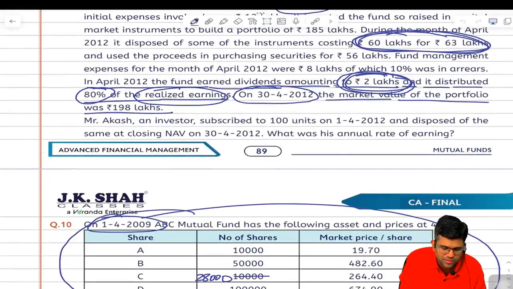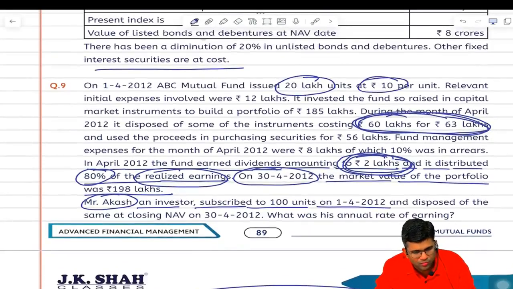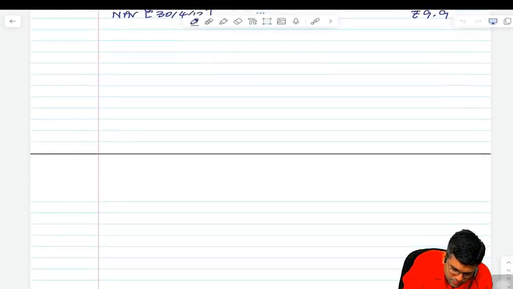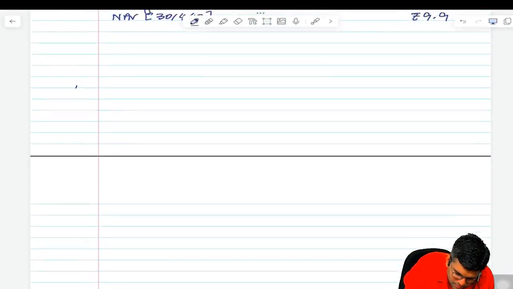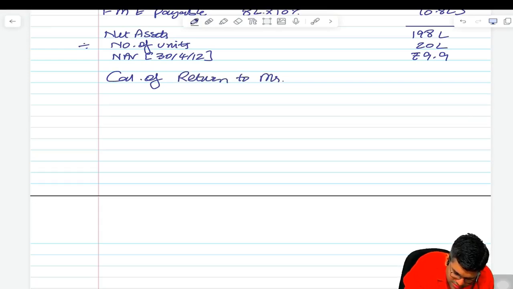They are asking you something about Mr. Akash. Okay. Mr. Akash is an investor. He subscribed to 100 units on 1/4/2012 when it was issued at 10 rupees per unit. Are you all there? So I am writing here calculation of return to Mr. Akash.